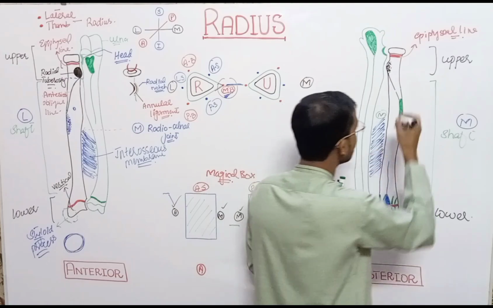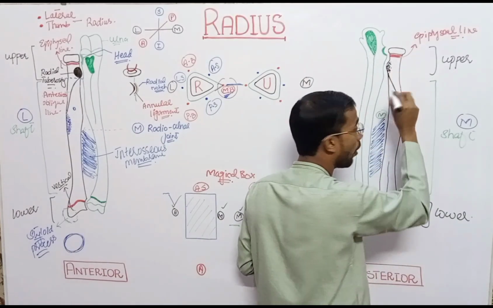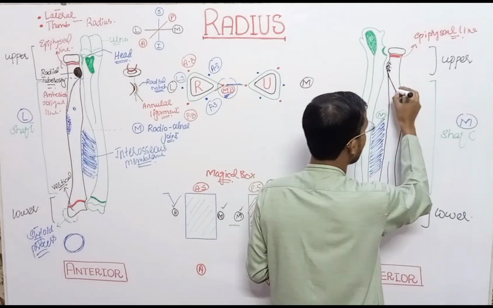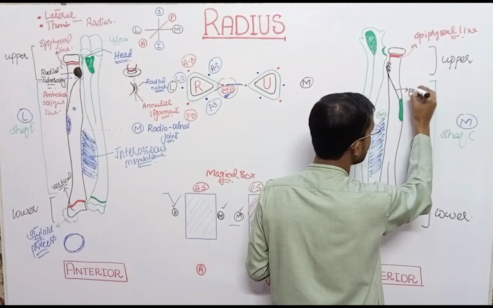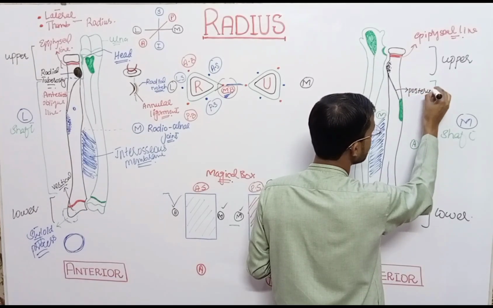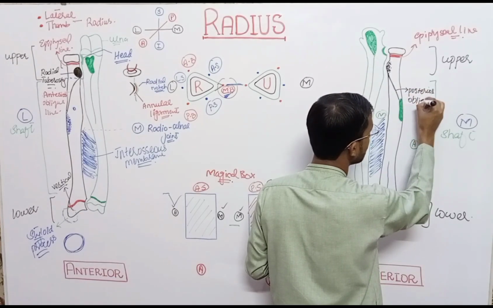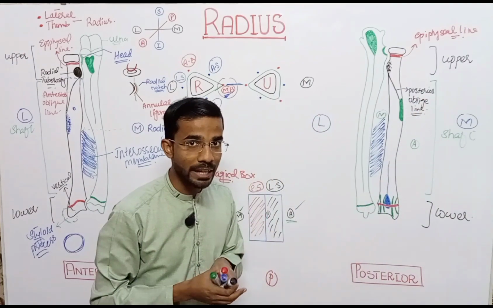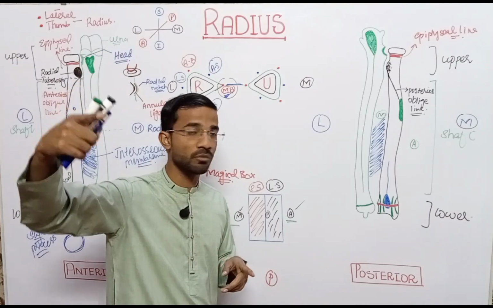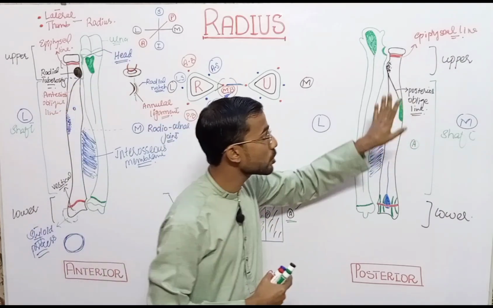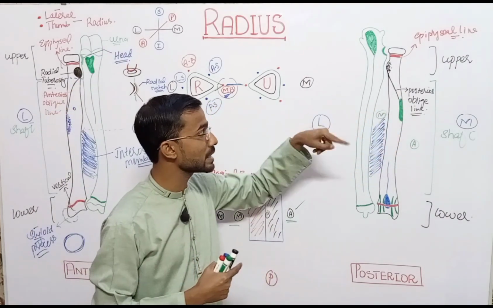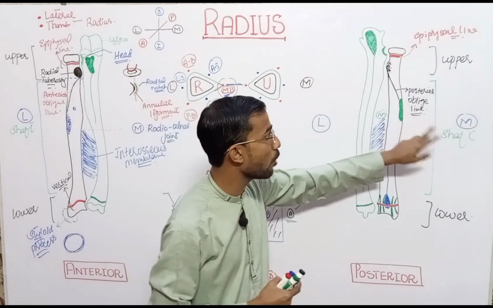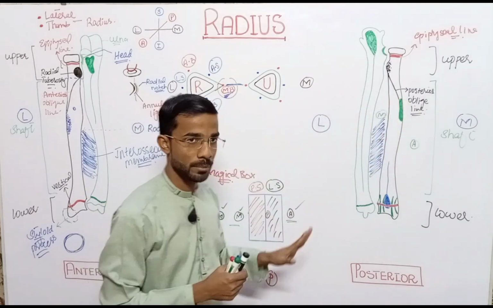You will see another oblique curved line, and this is the posterior oblique line. Just like the anterior oblique line present at the upper portion of the shaft, you also see the posterior oblique line at the upper area of the shaft. So this point is very much important.